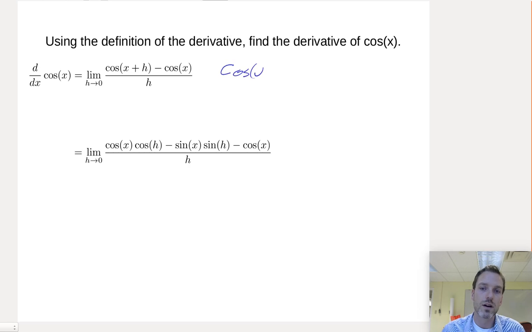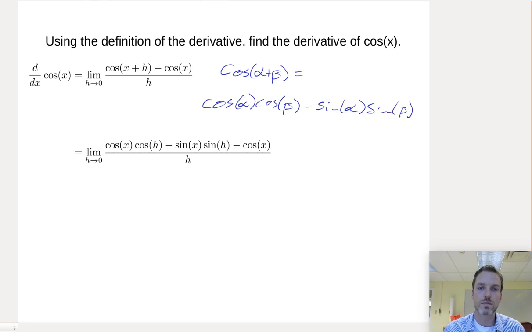Cosine of a sum, alpha plus beta, for example, is equal to cosine of alpha times the cosine of beta minus the sine of alpha times the sine of beta. And that's how I got from here to all of this.